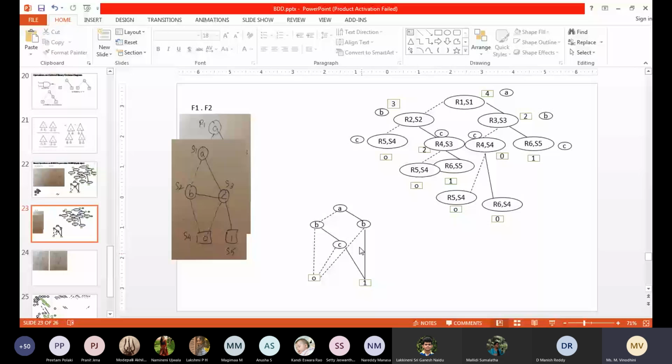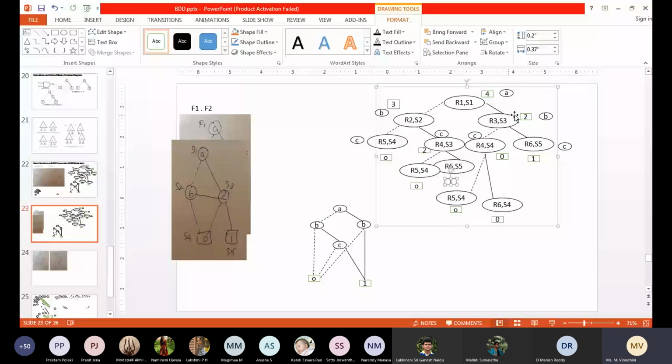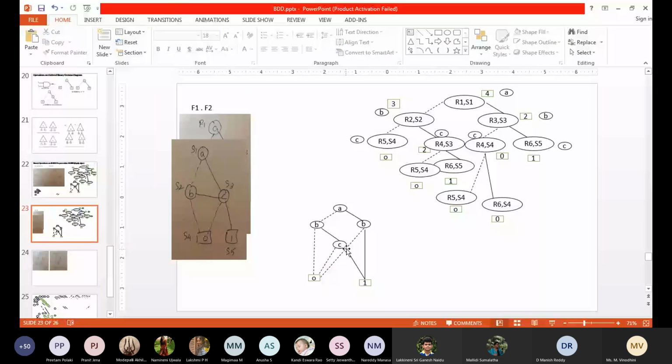So which one can be? Both are same, right? Students, just see this C and this B. Is it same or different pattern? Even here this is 2, 0, 1, and even here 2, 0, 1. Pattern is same. So we can have only one. So let me remove this node.